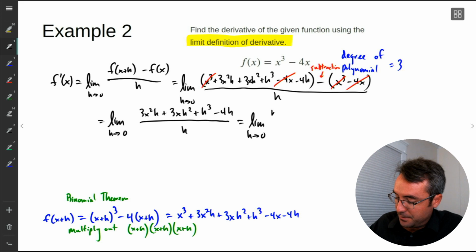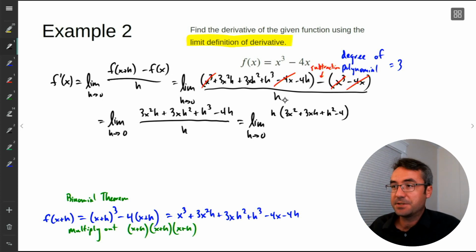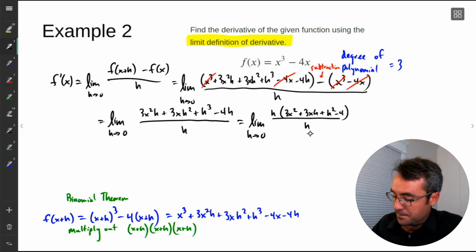So what do we get when we do that? Well, from the first piece here, we have a 3x squared left. From this piece here, we'd have a 3xh left. Then we'd have an h squared left over here. And then a minus 4 left over right here. So we factored.